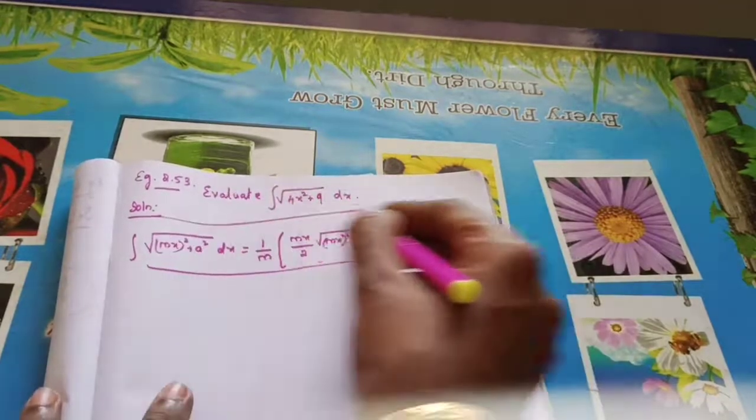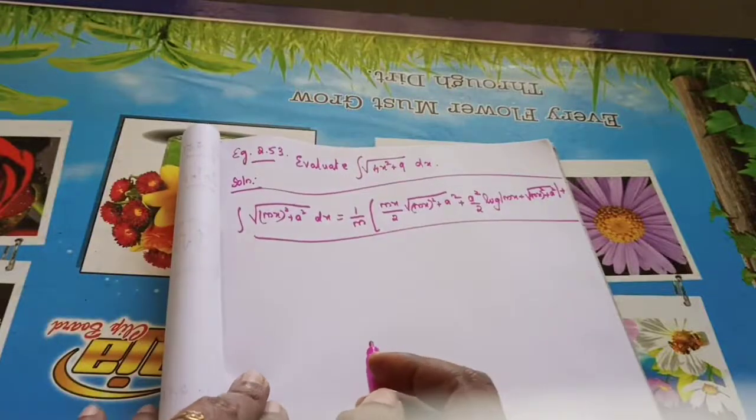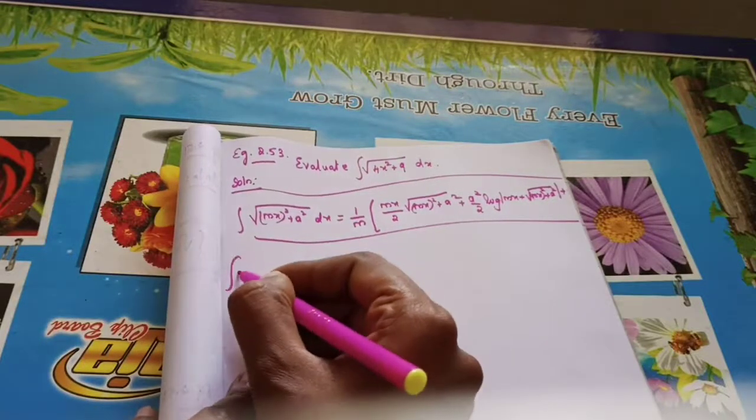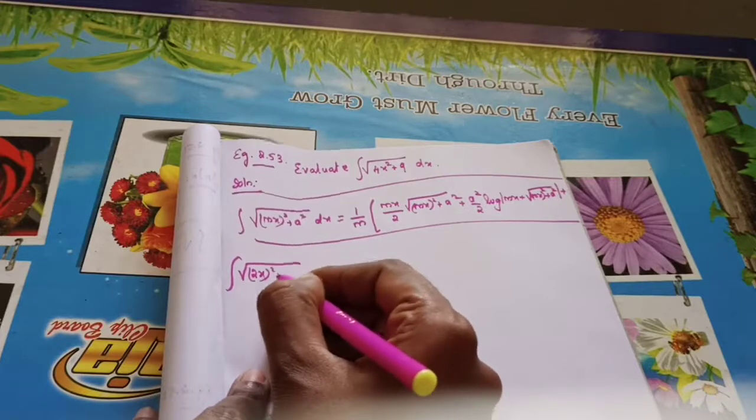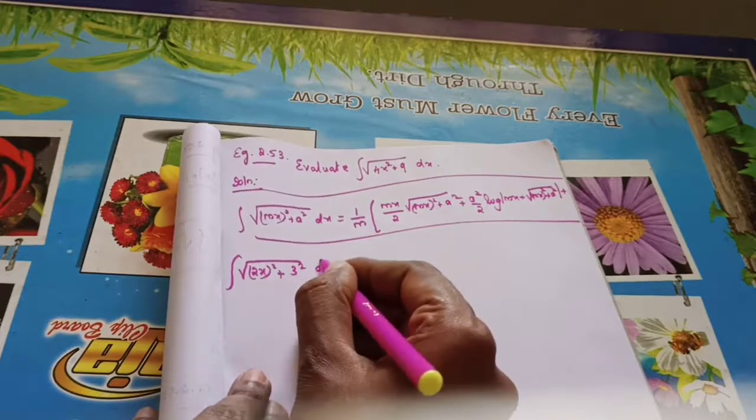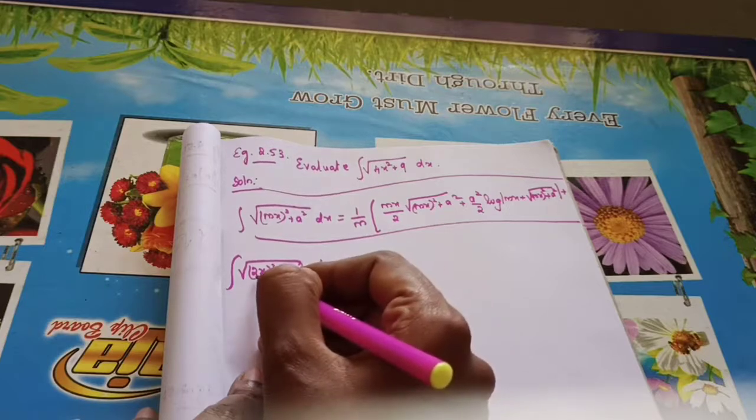Now we are going to write this as square root of 2x the whole square plus 3 square dx. So what's the m value here?